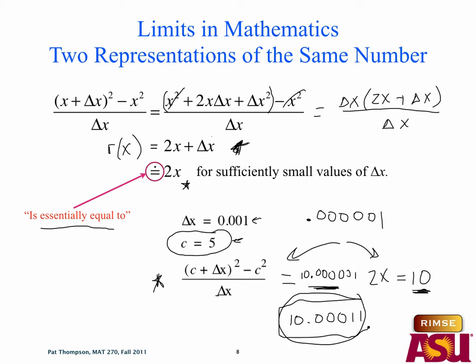This number is no longer in between 10 and this number, right? So the value of this expression I can control, and when I make delta x small enough, I can make the value of this expression be essentially equal to the value of this expression.